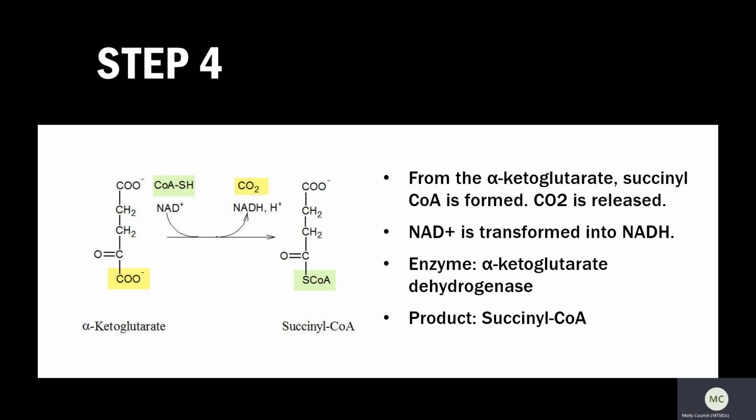Carbon dioxide will be released again during this step, and NAD+ will again be transformed into NADH. The enzyme that will be catalyzing this reaction, or step 4, is alpha ketoglutarate dehydrogenase. This reaction will produce succinyl-CoA.